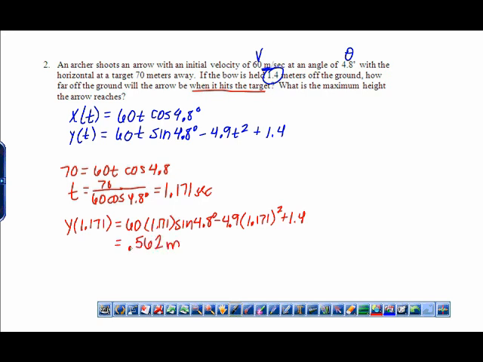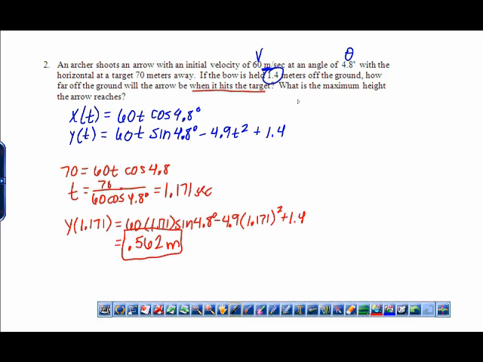They're going to be meters. So I don't have rounding error, I have an accurate answer. So when the arrow hits its target, or when the arrow has gone 70 meters horizontally, which happens to be 1.171 seconds, then the arrow is also 0.562 meters off the ground, which should make sense that it's not going to be that much off of 1.4.